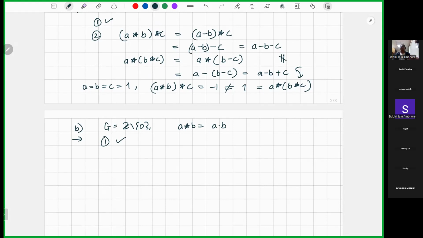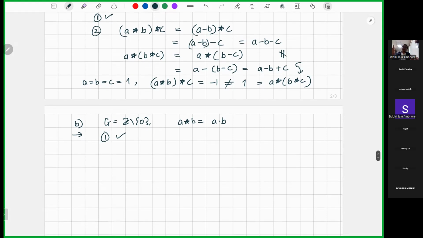So the closure of this star operation holds. Now the second one is associativity.